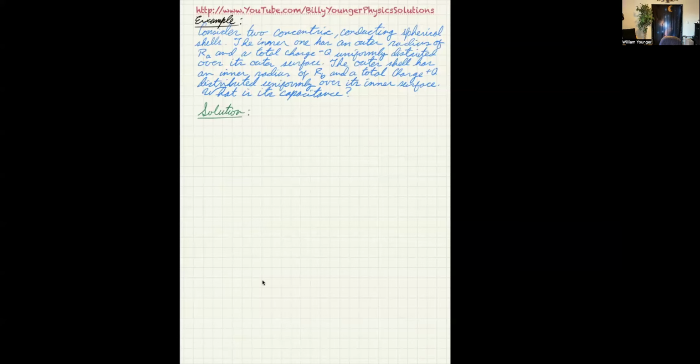We're going to make use of the fact that the closed integral of E dot dA is equal to Q enclosed over epsilon naught. We're going to make use of the fact that delta V, which is VB minus VA, meaning final minus initial, is equal to the negative integral of E dot dL. And we're going to make use of the fact that C is equal to Q over V.